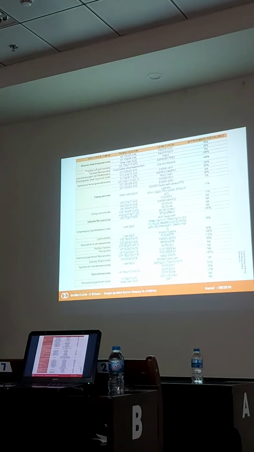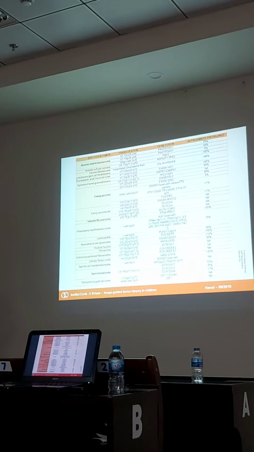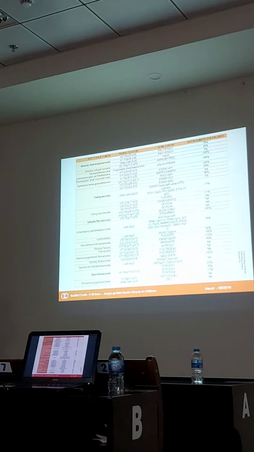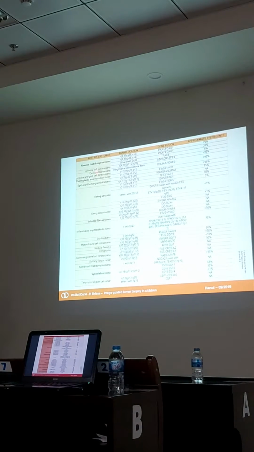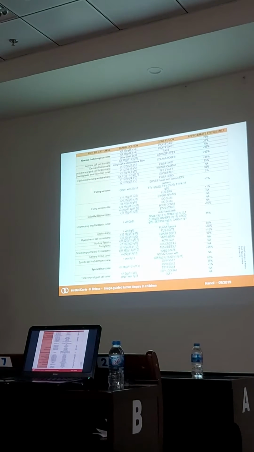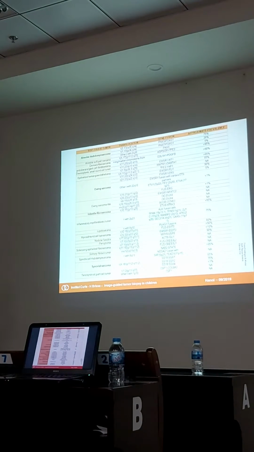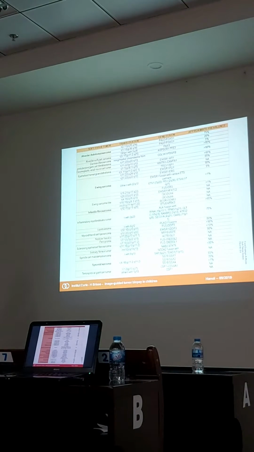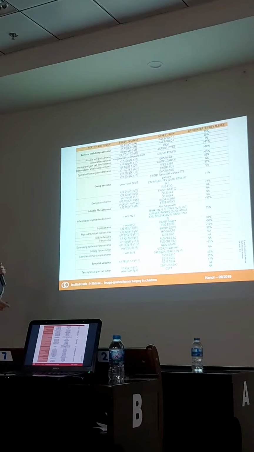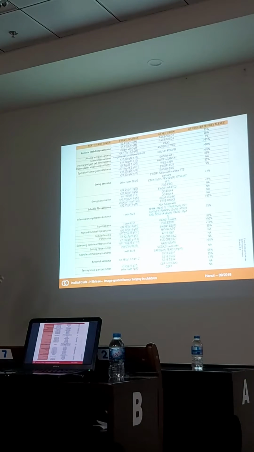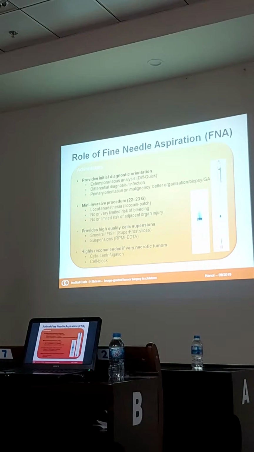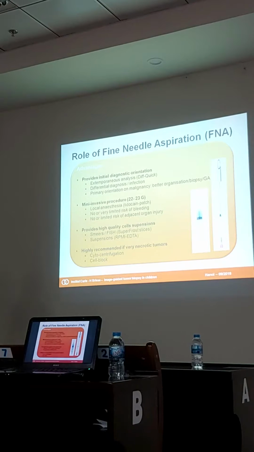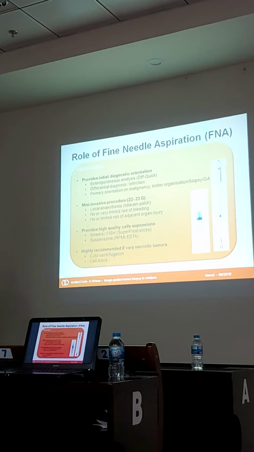For example, for alveolar rhabdomyosarcoma, you can have all these translocations, but also Ewing sarcoma, of course, and a lot of tumors. So it's very helpful for the diagnosis. So all this information is obtained only if you keep fresh tissue for analysis. So this is the main point for tumor biopsy.